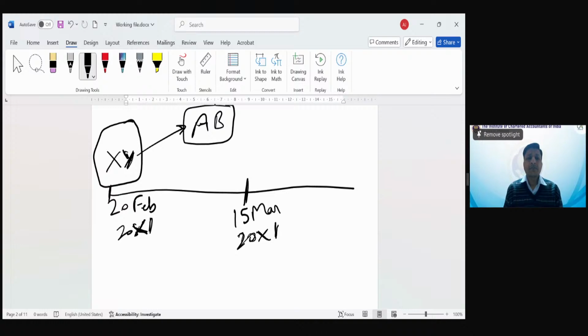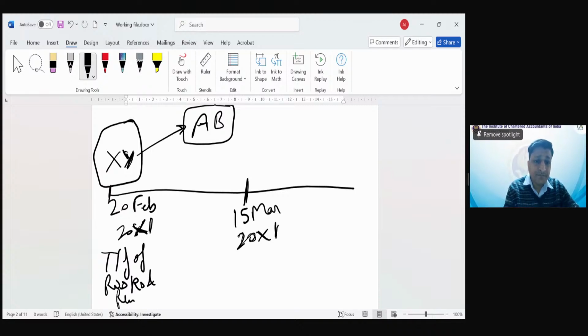Now, the question is that on this particular date, there is a transfer of risks and rewards. So what does it mean?